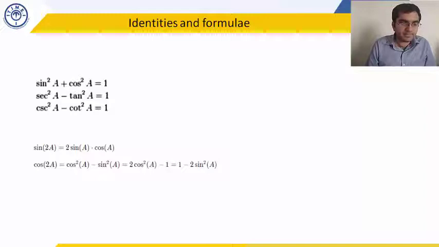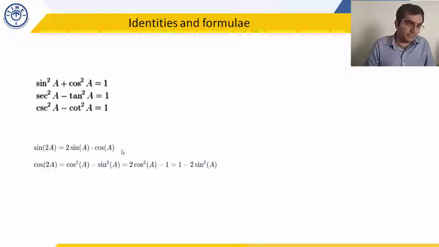Next is the double angle formula, or half angle formula, you can call it. Sine 2a, so 2a is a double angle, and 2a basically becomes a and a. That's why these are called half angle formulas. So sine 2a is equal to 2 sine a cos a.